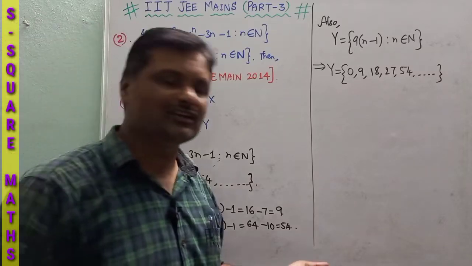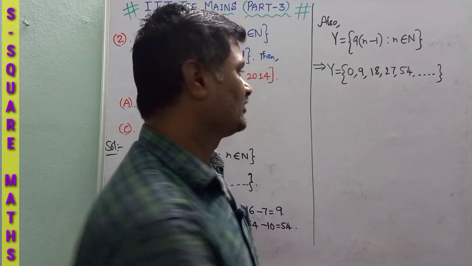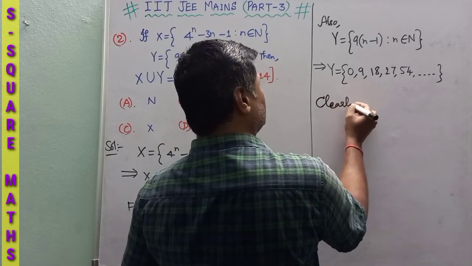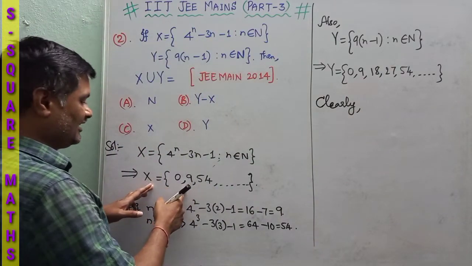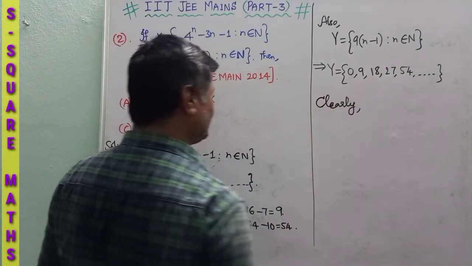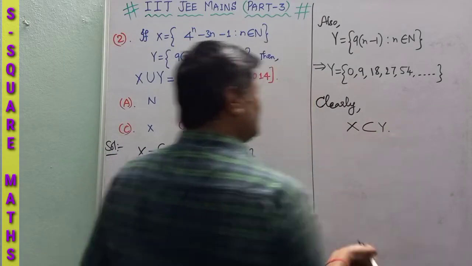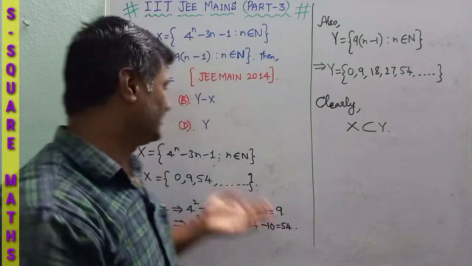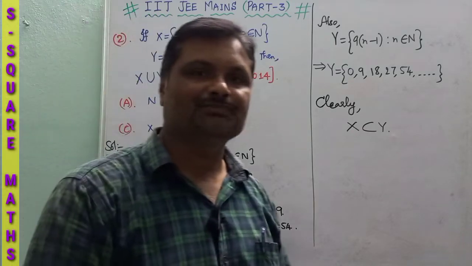Still, if you need, you can go for some of the elements of x and some of the elements of y. So clearly I can say that all the elements of x are present in y. So I can write here x is a subset of y. But our intention is to find which of the ABCD options is going to suit, nothing but x union y.